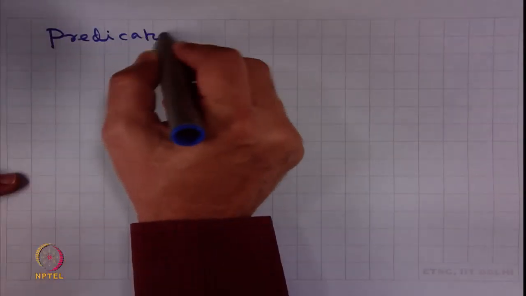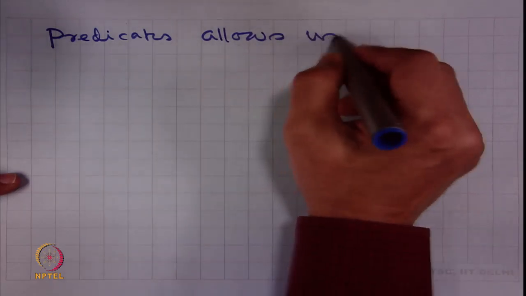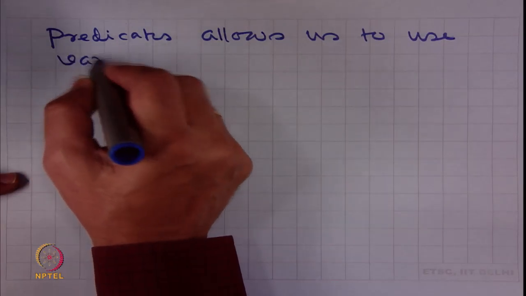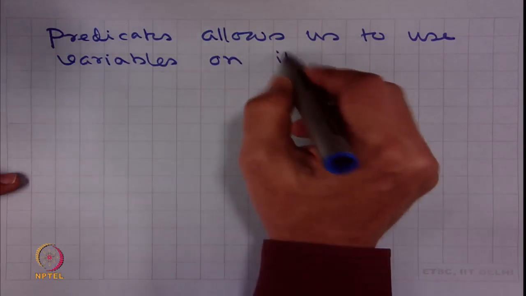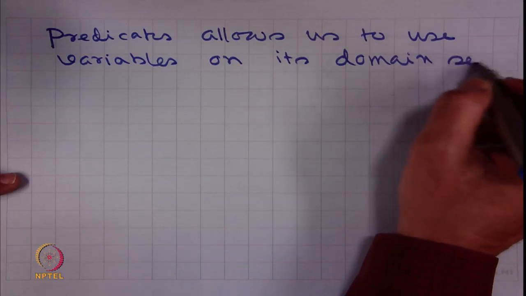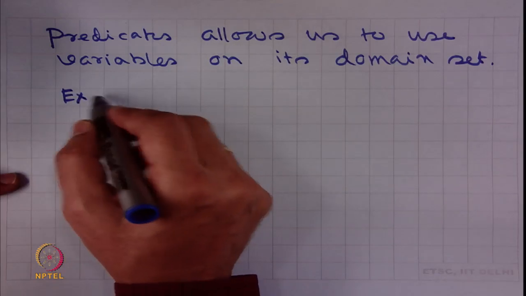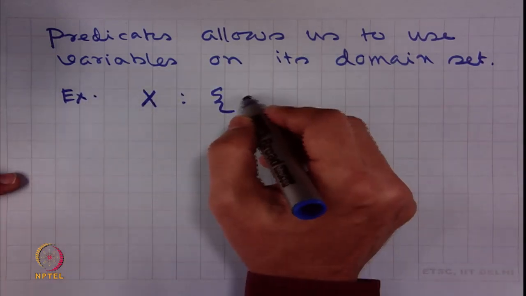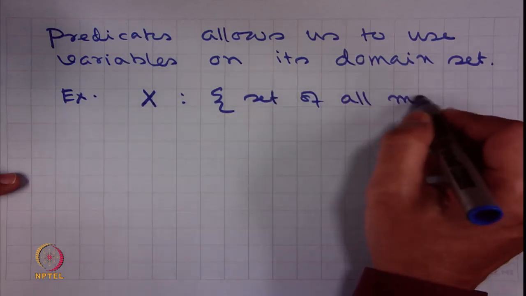Predicates allow us to use variables on its domain set. For example, let X be the domain set of all men.